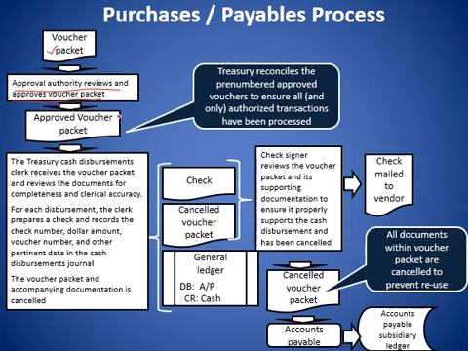If those three documents match and there's no problem, the individual then will approve the voucher packet for payment. The Treasury reconciles the pre-numbered approved vouchers to ensure all and only authorized transactions have been processed.